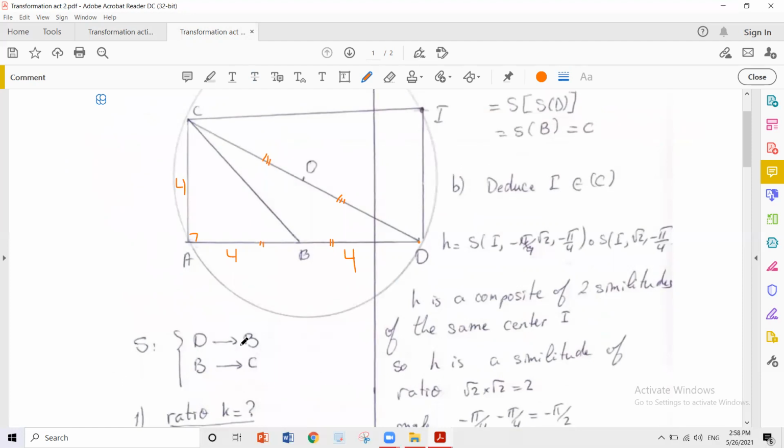We have a similitude that transforms D onto B, B onto C. How to calculate the ratio, guys?